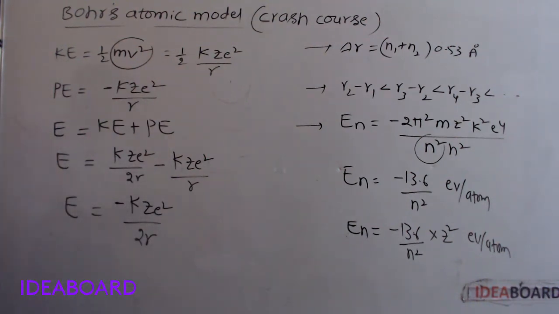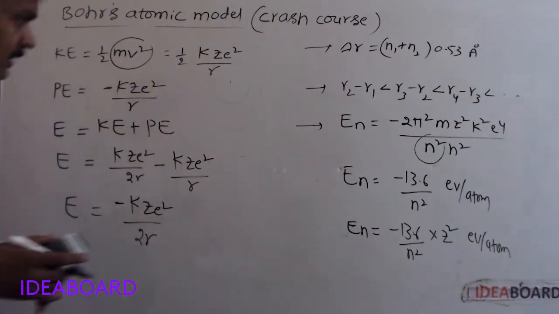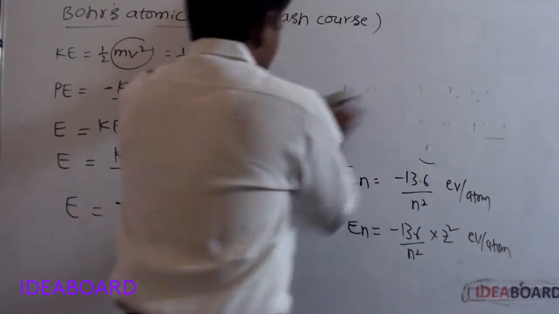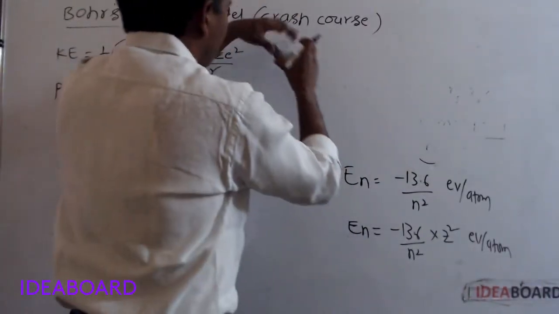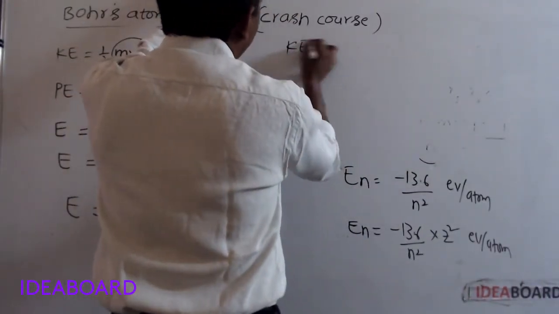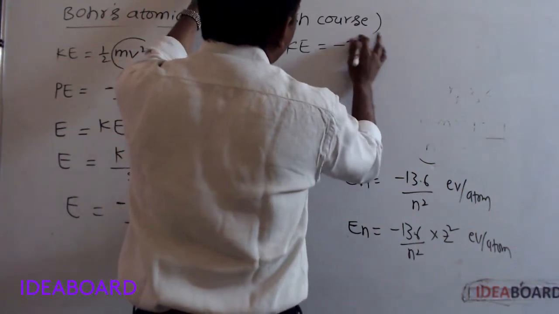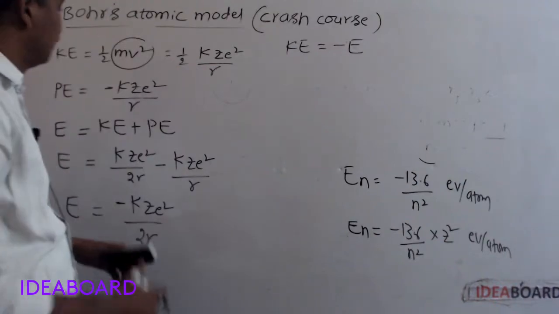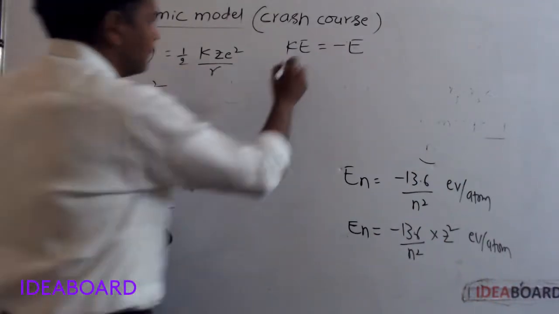So here the relation between kinetic energy, potential energy and total energy is: kinetic energy is equal to minus total energy. All these relations are very, very important.